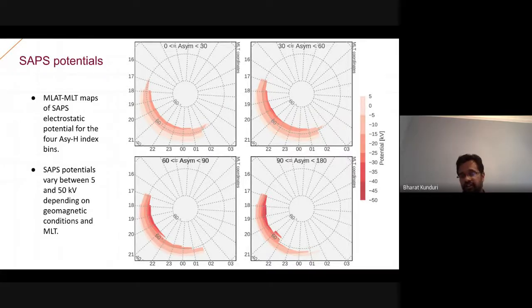No, I did not look at that. Usually it's in the order of a few tens of, actually, I don't recall it. I think we took a quick look at it, but it forms a significant part of the cross-polar cap potential. It's a noticeable amount of the cross-polar cap potential there.